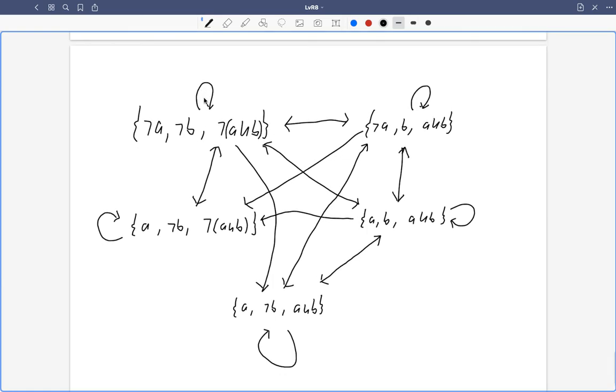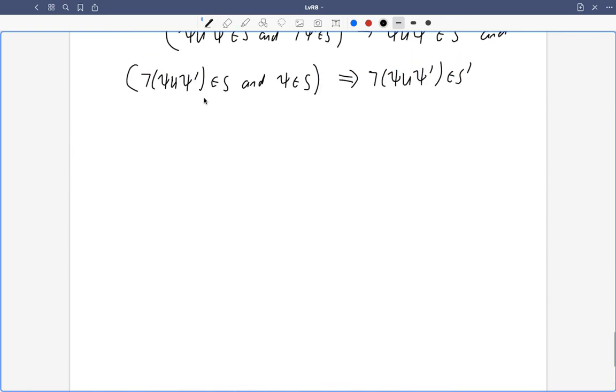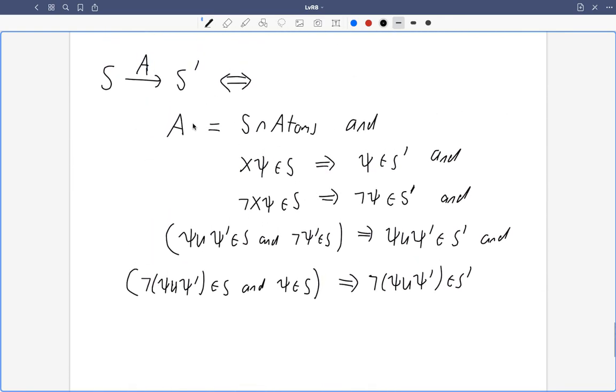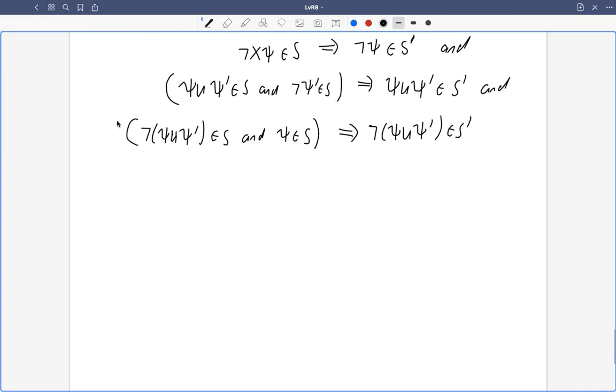One thing missing is I didn't put the labels on. So if I was putting the labels on, then the label is just the set of atoms from the start state.